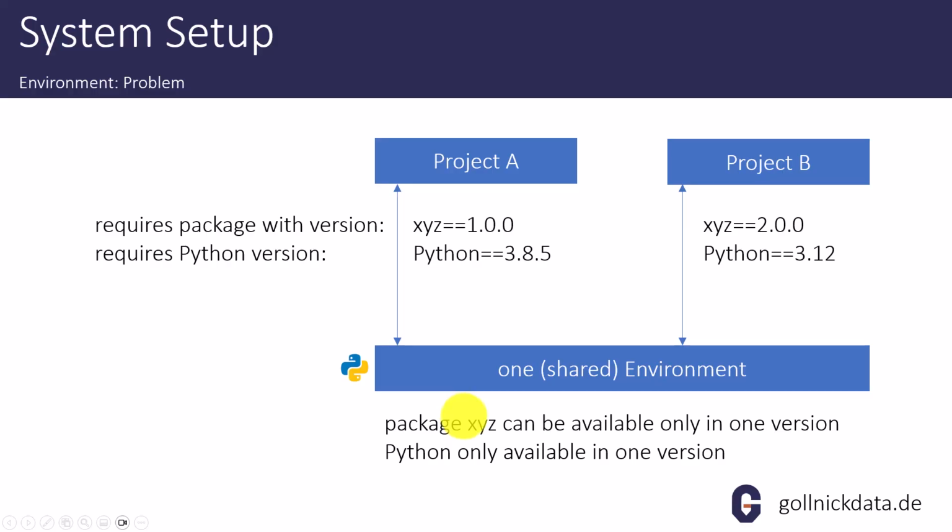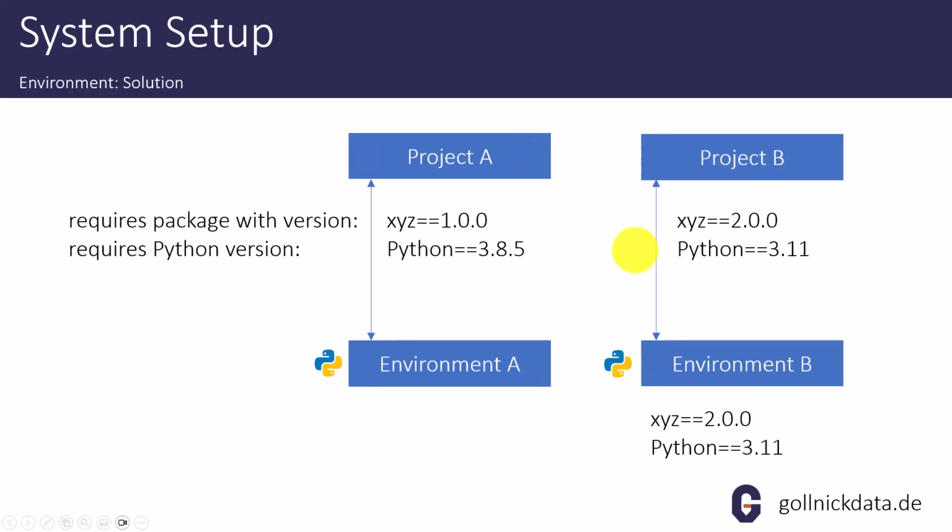And if you start out with project B, you are possibly forced to update your Python version and also your package version. But then if you want to go back to project A, it might not work anymore because some functions are deprecated, something is not working anymore, the interface has changed, and you cannot work on both projects simultaneously.